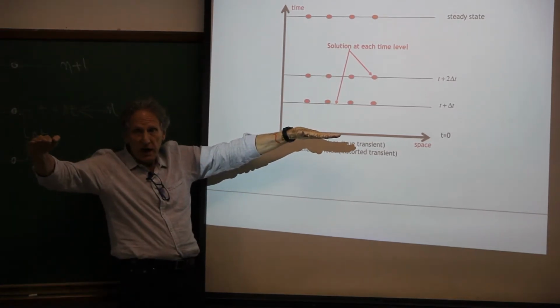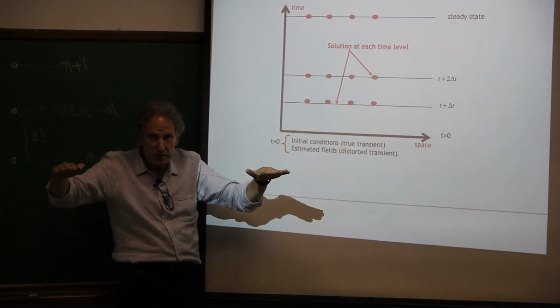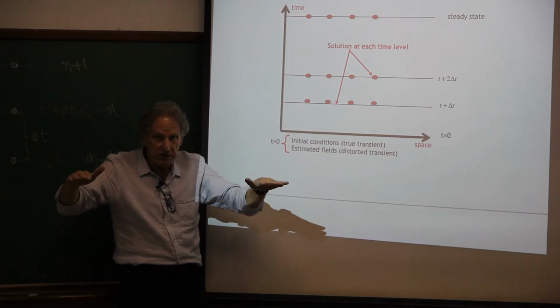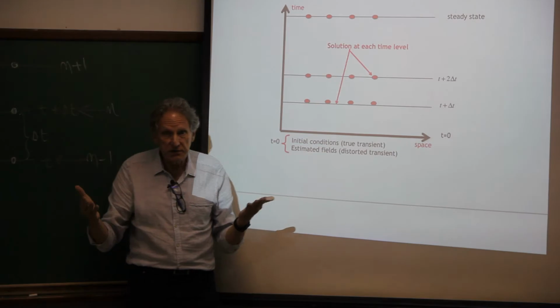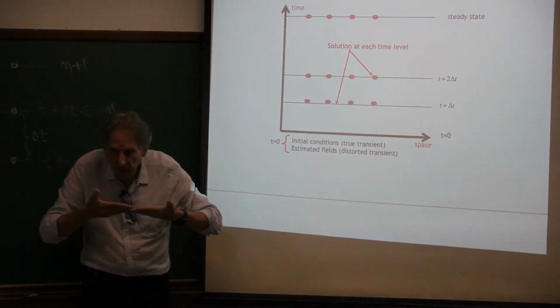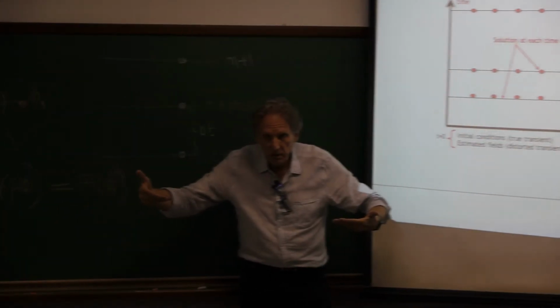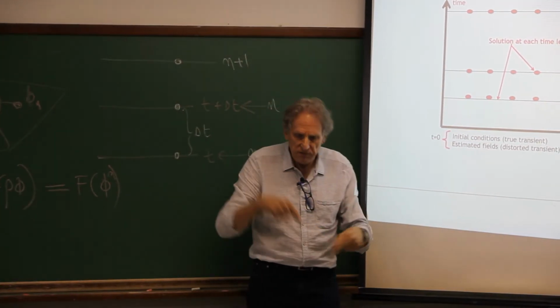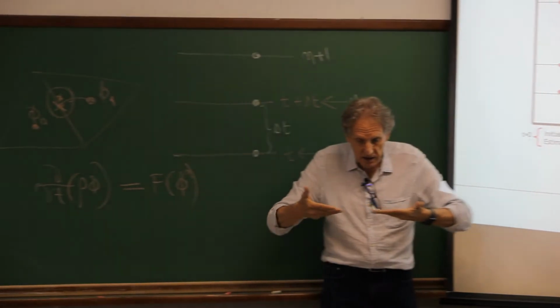and in the beginning of time, when my problem starts, when my procedure starts, of course, if it's a real transient, if it's a true transient, I know everything that's happening at time 0. The temperature is that, the velocity is that, so it's a physical condition that I have.